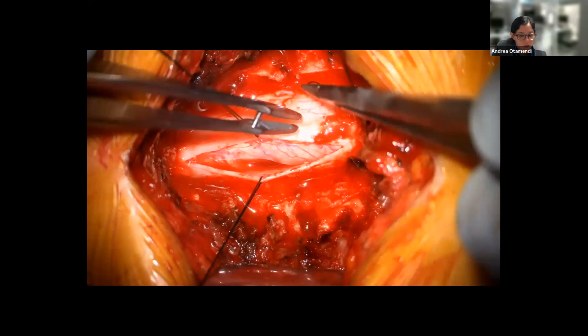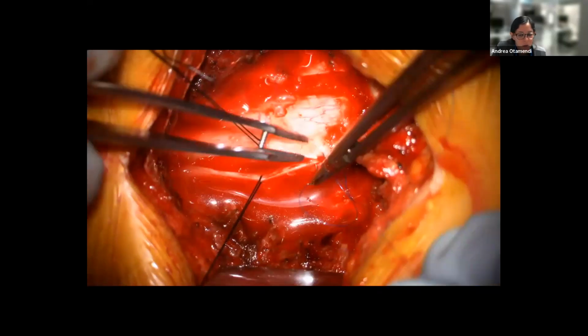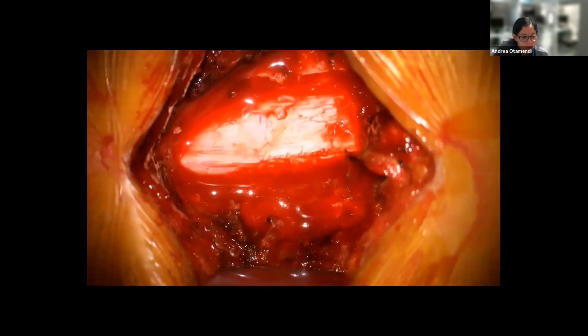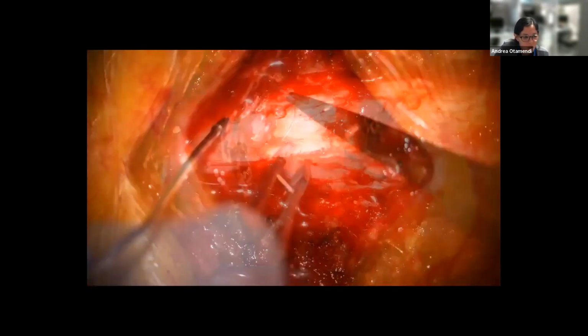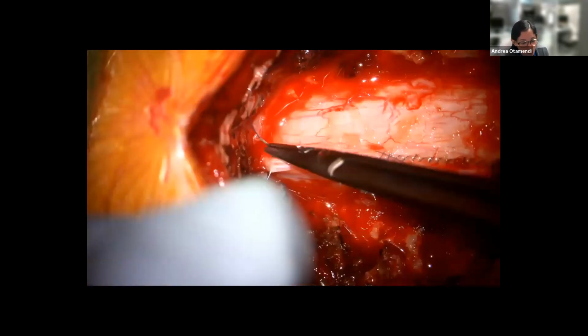Then after irrigation and hemostasis and cauterization of the small bleeding pedicles, Dr. Akinduro proceeds with the closure.